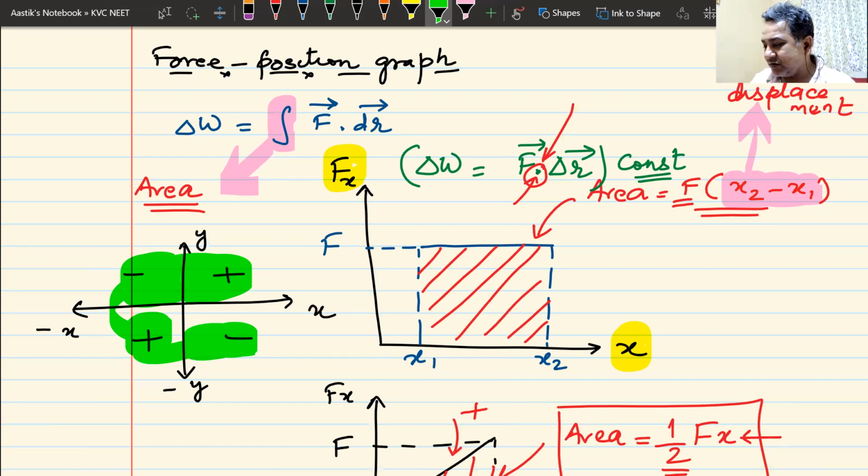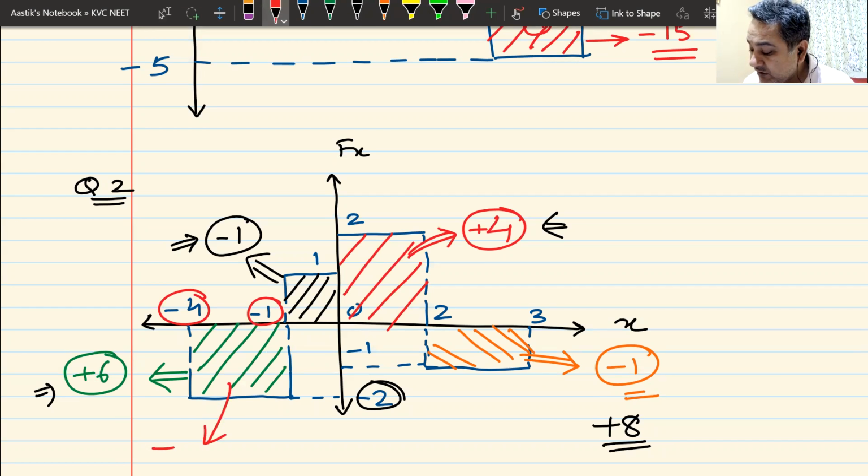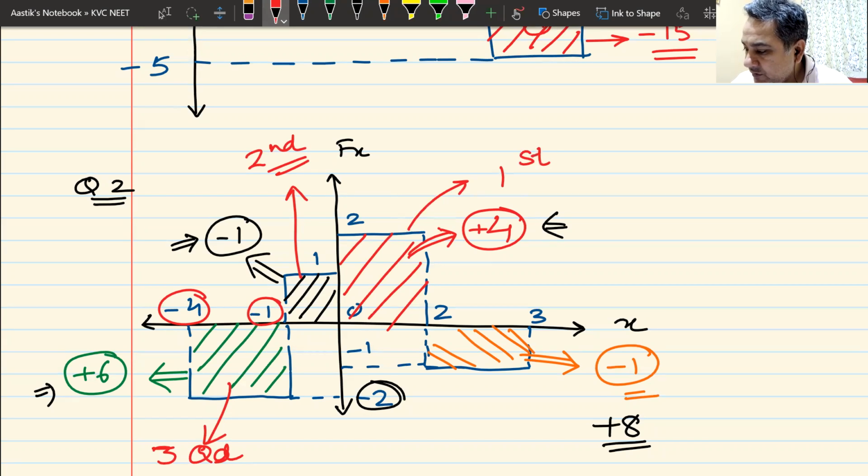It should not be so hard to understand. It's hard for you to understand which quadrant it lies. Second quadrant. This area lies in the third quadrant. Third quadrant. This area lies in the second quadrant. This area lies in the first quadrant. And this lies in the fourth quadrant. Am I clear?